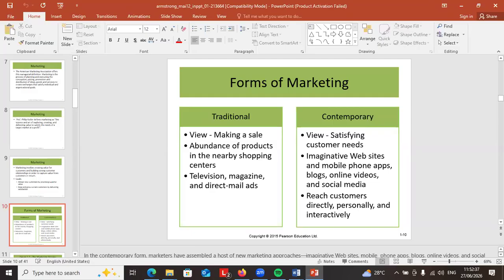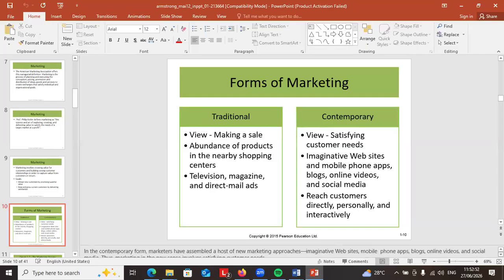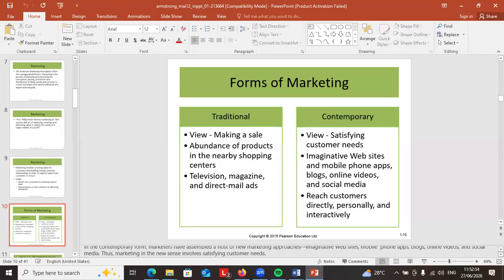Now, in the contemporary form, marketers have assembled a host of new marketing approaches, such as imaginative websites, mobile phone apps, blogs, online videos, and social media. Thus, marketing in the new sense involves satisfying customer needs.